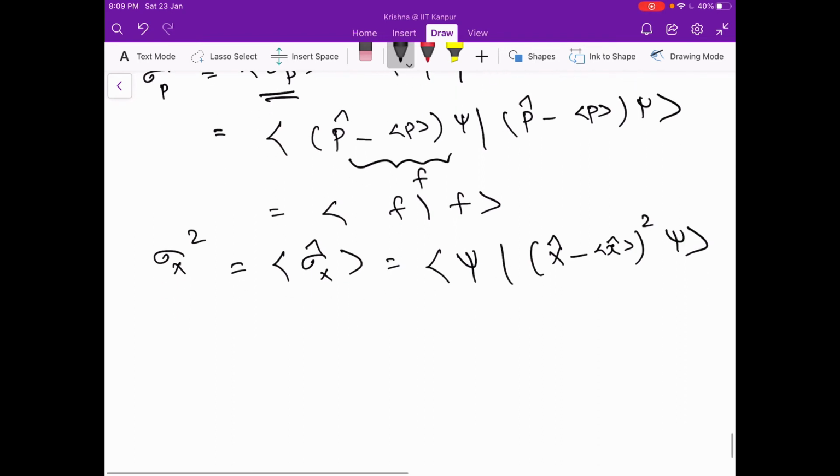Remember, psi is a wave function, right? It's still not an eigenfunction of any of these operators. It's just a wave function. Any function in the Hilbert space can be written something like this.